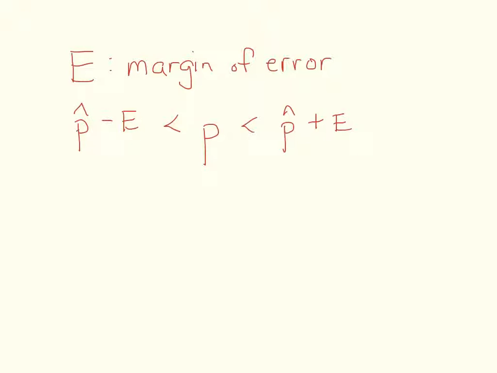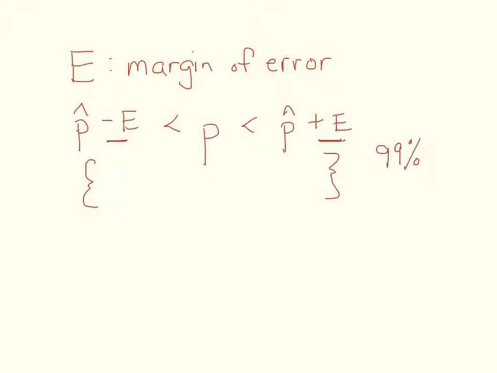So we're saying we get this p hat, and we're going to add our margin of error and subtract it, and then somewhere within this interval, we're going to say our value of p is going to lie in here, in between there. And that interval, depending on the confidence level we use, is going to be either bigger or smaller. So let's say that, I know we've been talking 90% or 95%, but let's say that we used a 99% confidence interval.